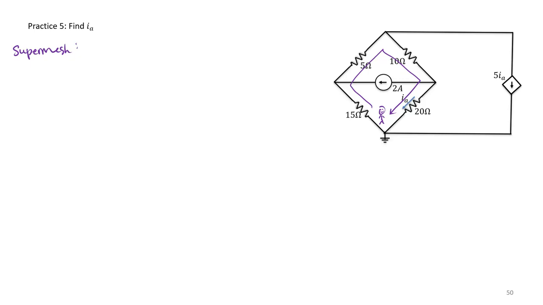If I apply Kirchhoff's voltage law, the voltage drop across my 15 ohm resistor plus the voltage drop across my 5 ohm resistor, and here I'm treating it as a negative sign because I am losing voltage to go through that resistor, minus V10, or the voltage across my 10 ohm resistor, minus V20. I'm going to take the algebraic sum of all those voltages to be 0 within my closed loop. Again, this must be true by Kirchhoff's voltage law.